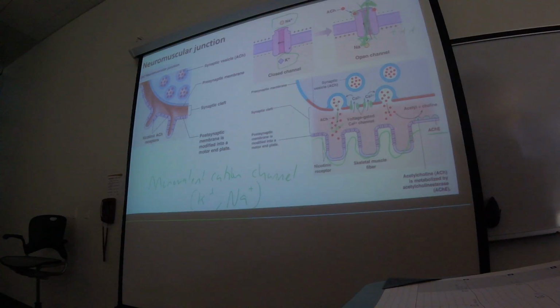So the net change is more positive ions on the inside because more sodium is rushing into the muscle cell. That depolarizes the muscle cell, and that creates an action potential, which we'll see more about Thursday. The action potential will cover the whole muscle cell and will eventually create a contraction of the muscle cell.